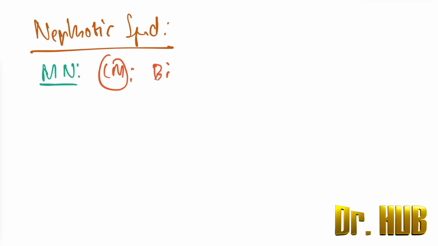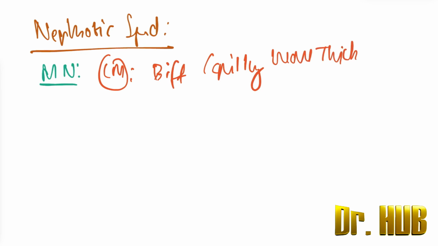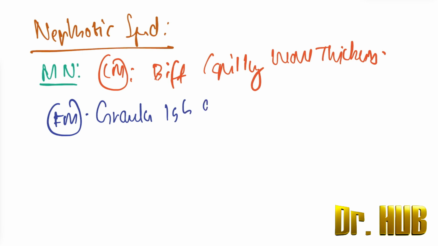Then in fluorescent microscopy, there is a diffuse granular IgG and C3.